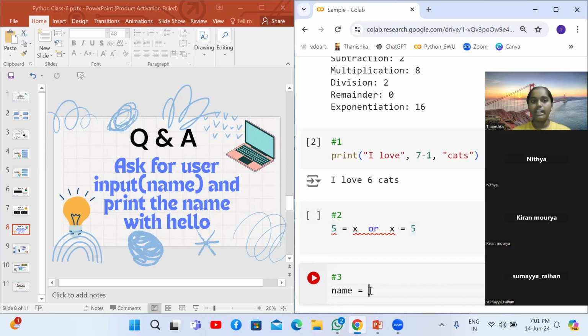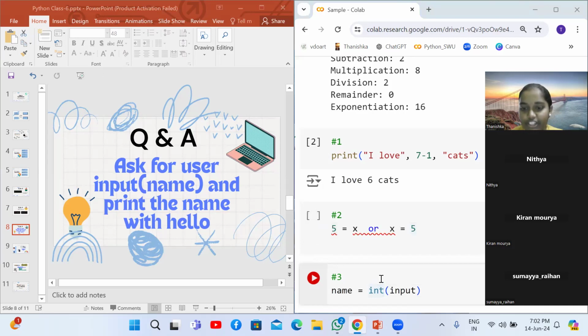Kiran, actually, I have a doubt. Why should I not write int first, and then write input? Why should I not write this int? Because we are using integer for a number. For a string, we are using it to write some text. That's correct. Okay, so now I understood.